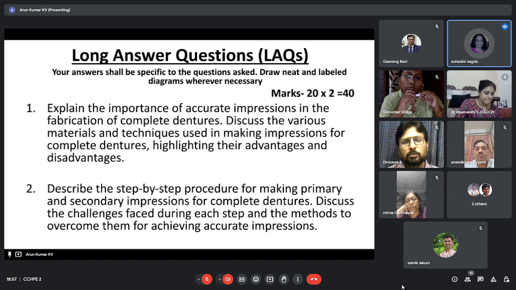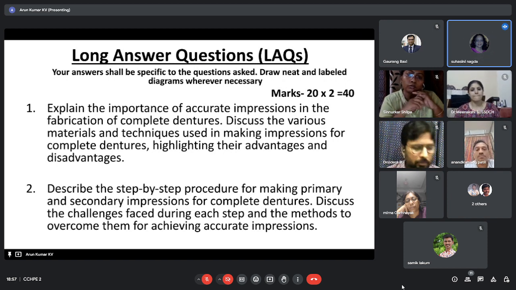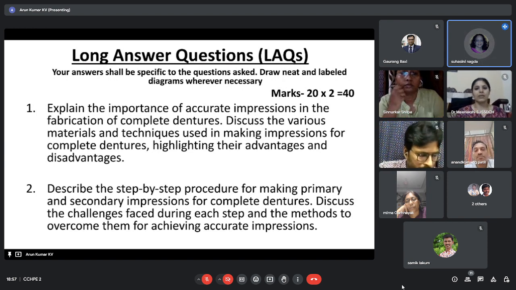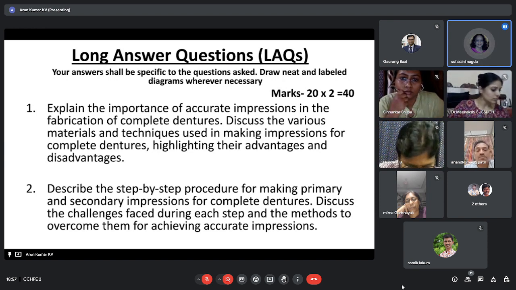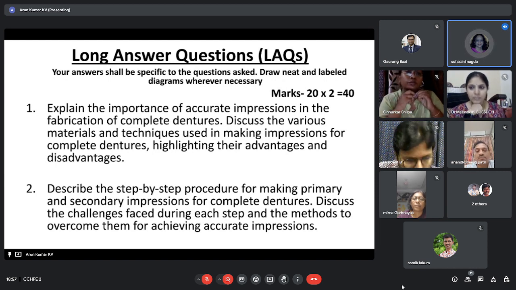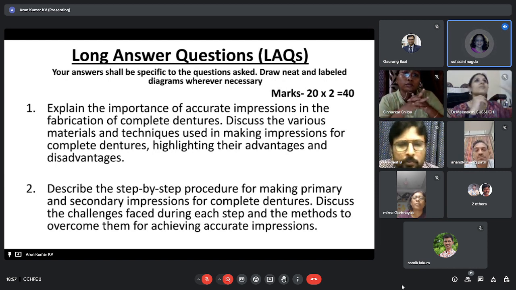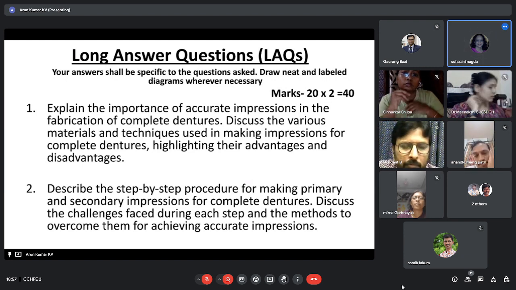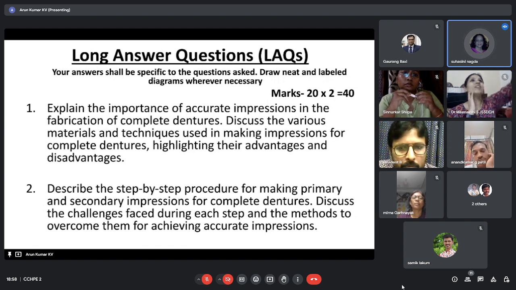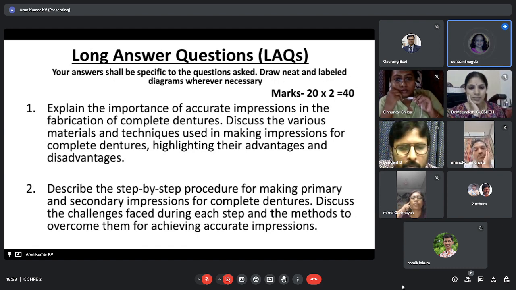And if you want to highlight, you can ask for any one material and how you will record the details and structures. That is accuracy, no? Yes, ma'am. So indirectly you're also asking about the material. Okay, go ahead. Gaurang is there. He will correct you.